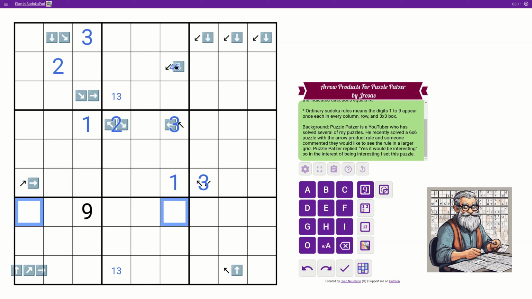I'm not pretending as if it's such a big discovery, but it's rather obvious, right? If we have 5 on 5 here, then the product of these has to be 5. So this one has to be 1, and this one has to be 5, because here we have a 5, but this one can't be 1 anymore. So this is actually a resolved digit, and that's 4. And then if this is 1, then this is 4 as well.